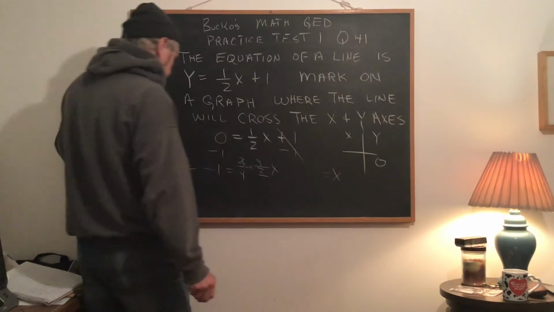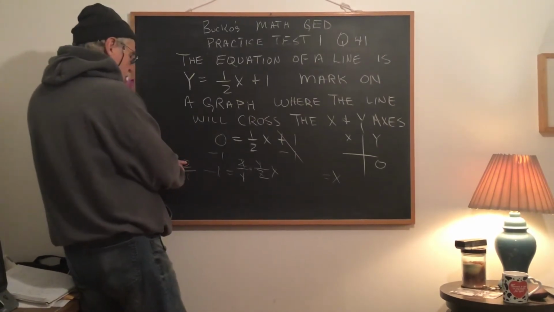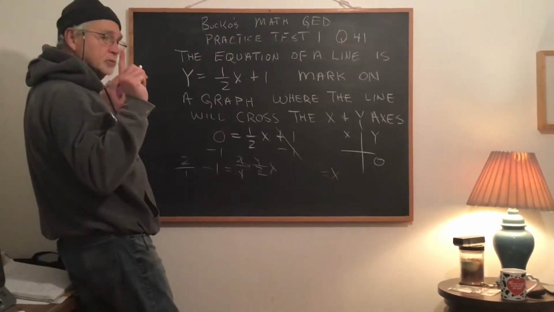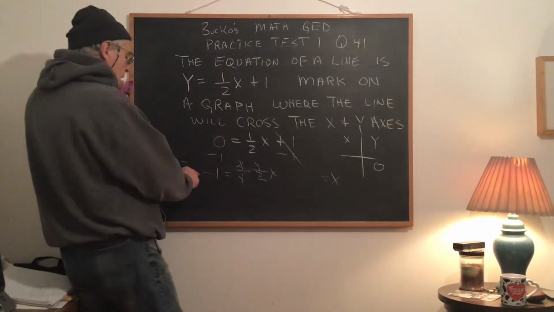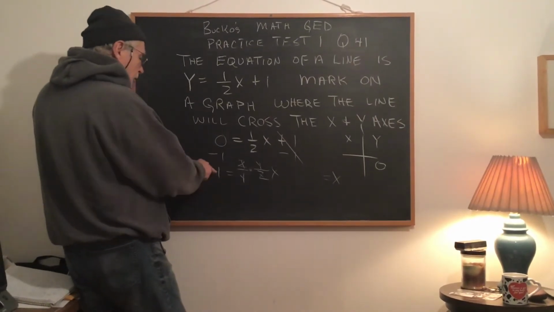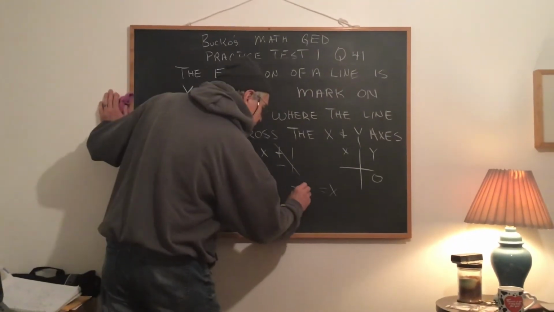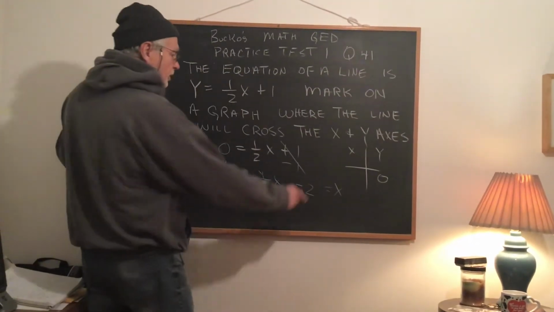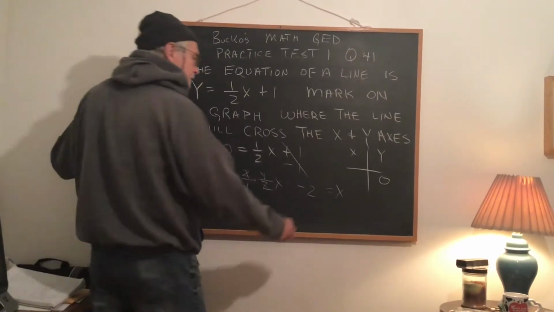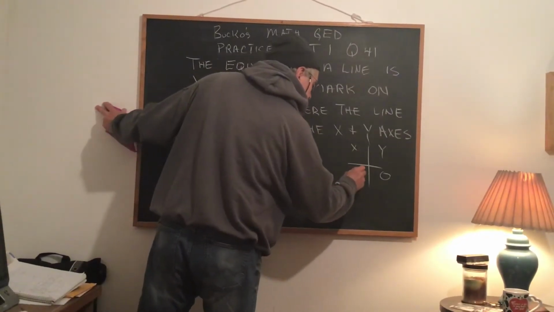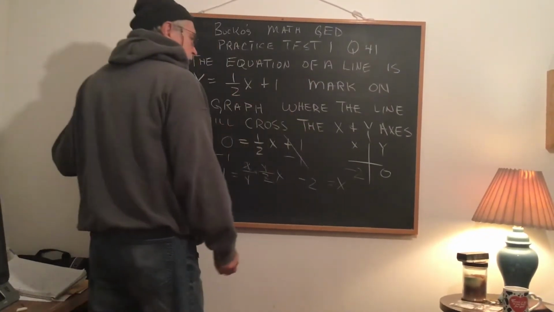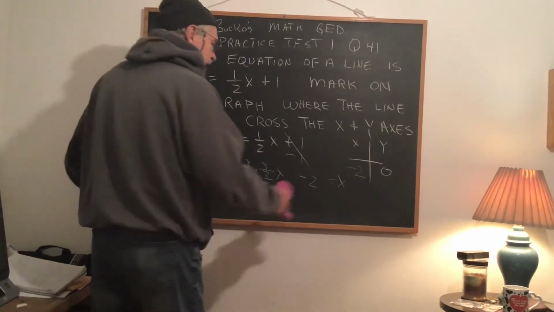And that's equal to 2/1, which is the same thing as 2. 2 divided by 1 is 2, times a -1 is a -2. So x is equal to -2 here. So we can put this value in. So there is -2. That's half of the chart.